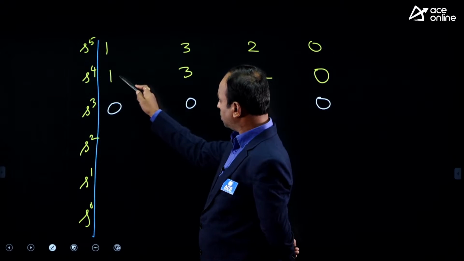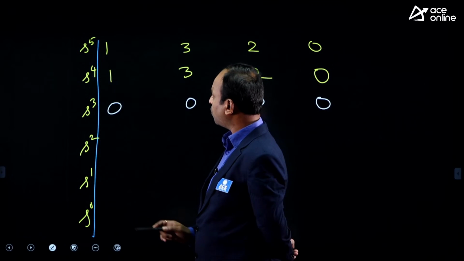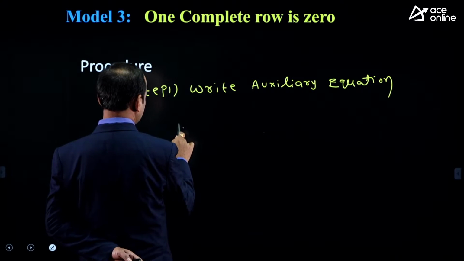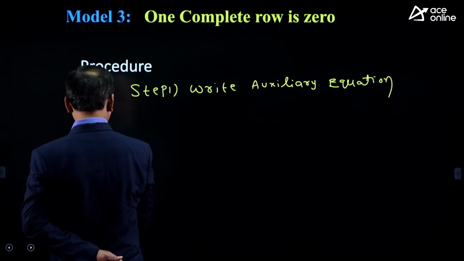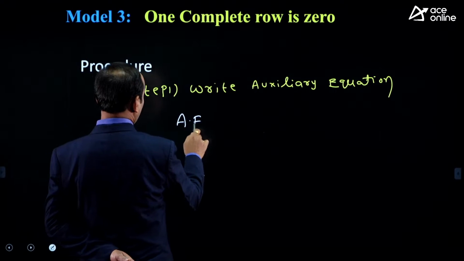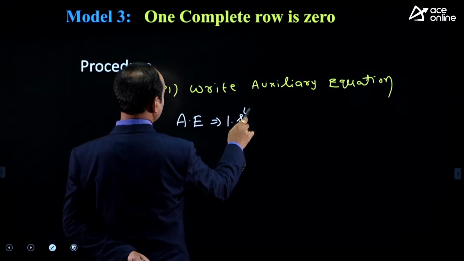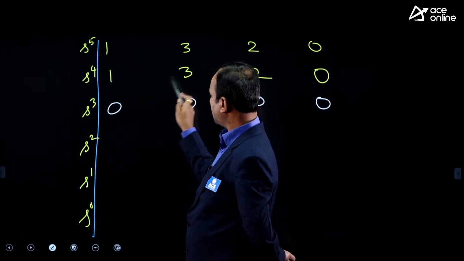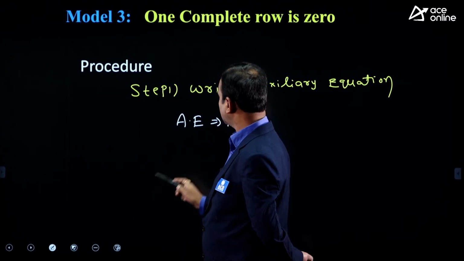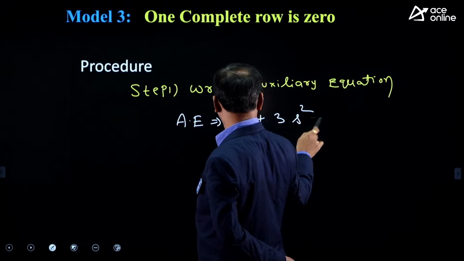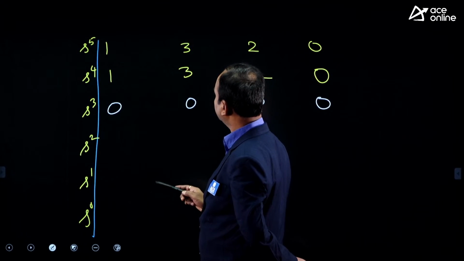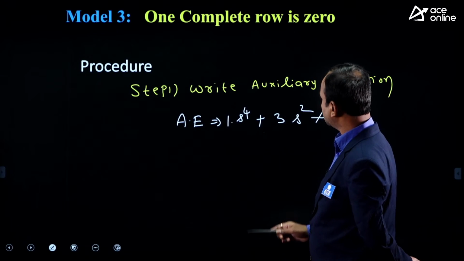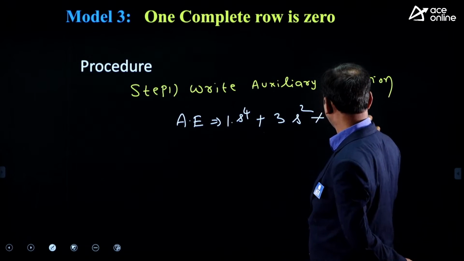Above the 0 row. So, 1 into S power 4, so I am writing the auxiliary equation as 1 product of S power 4 plus, next element 3, alternate S square, 3S square plus 2S power 0 equal to 0.